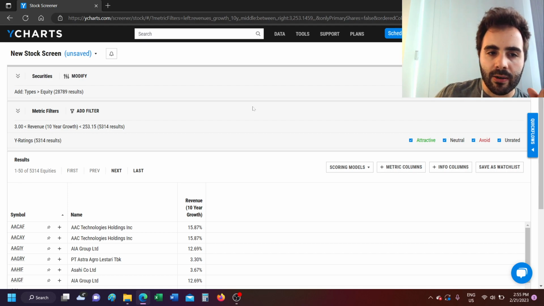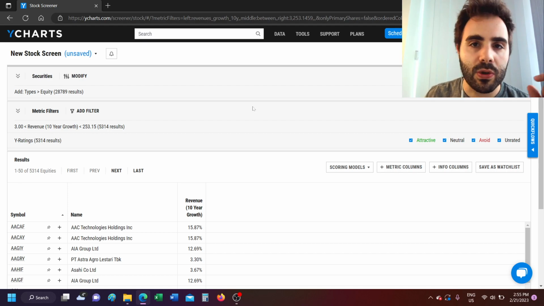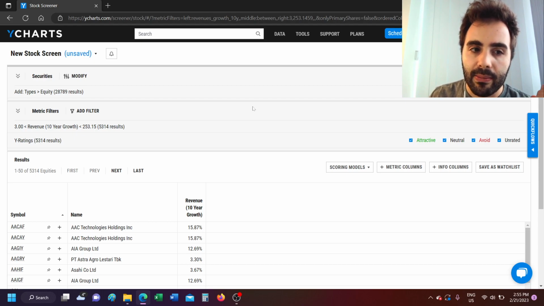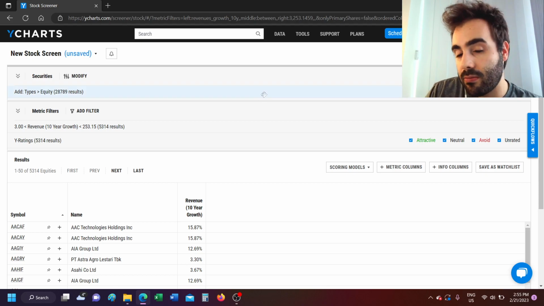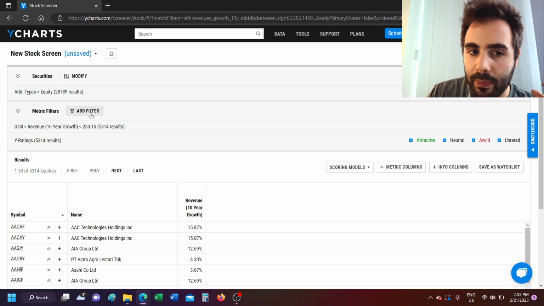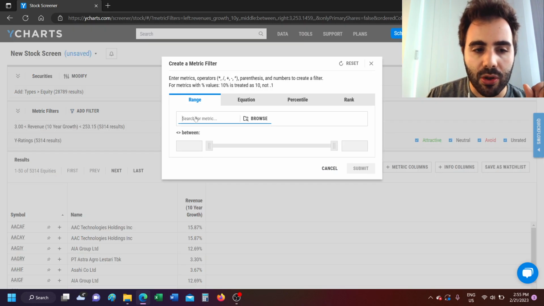And as you can see right there, that takes the universe of stocks down from 29,000 to about 5,300. So pretty significant. That means something like 80% of companies simply don't meet the criteria of being able to grow at 3% per year, which is not very good, but better than companies that are shrinking in terms of their revenues.